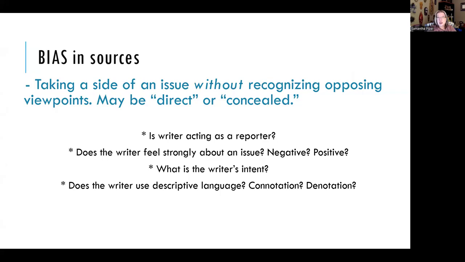So look at how the author or a group of authors describe things. Is there that connotation? So the difference between the connotation and denotation of language. Think back to Comp 1. The denotation of a word is the dictionary meaning, of course. The connotation is the underlying meaning.